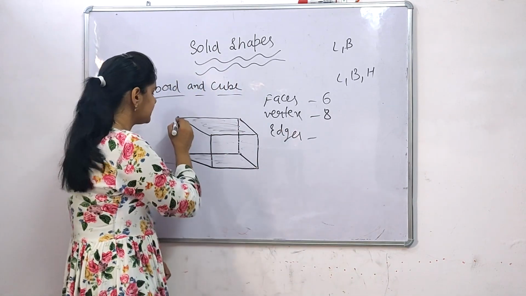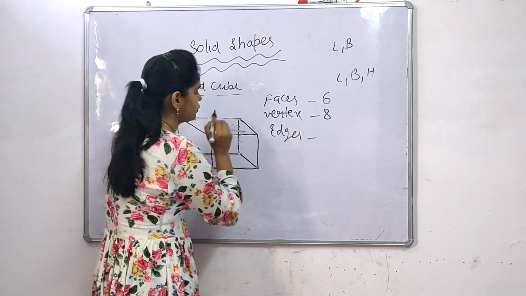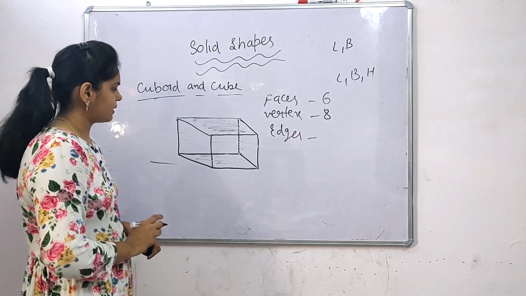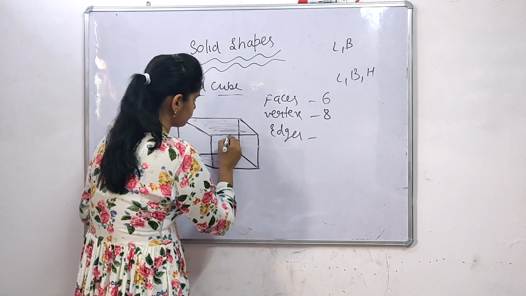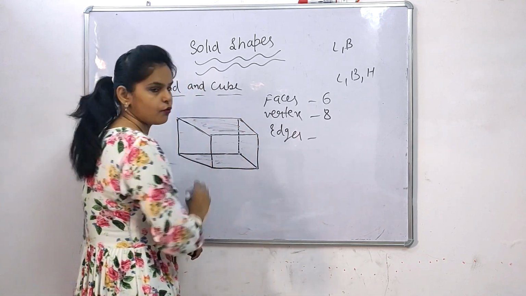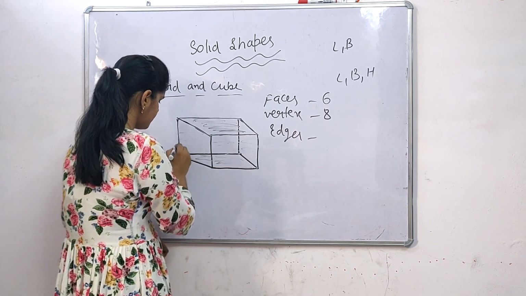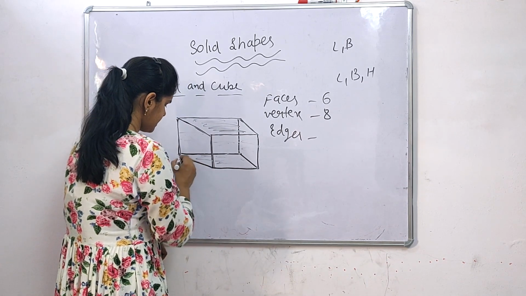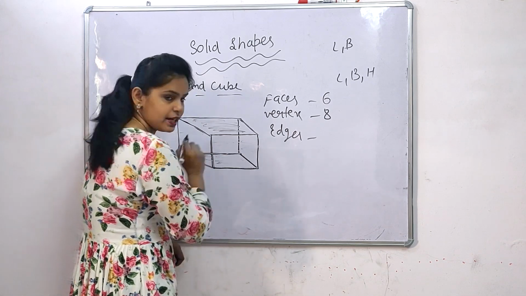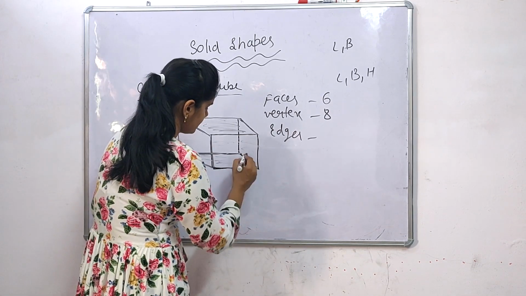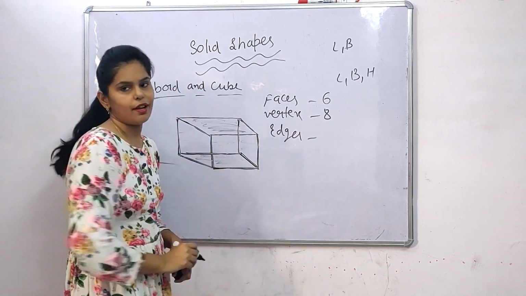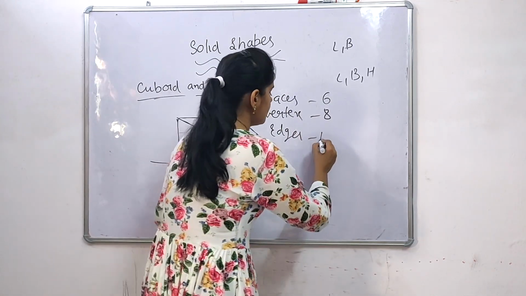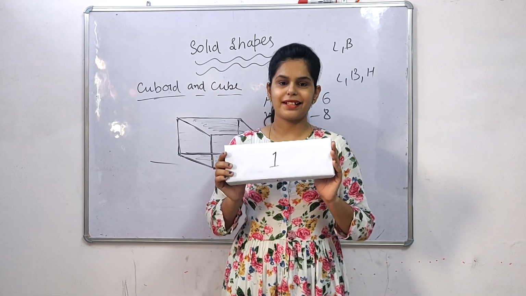Edges means these line segments which are joining two vertex: 1, 2, 3 and 4 and 5, 6, 7, 8, 9, 10, 11 and 12. So how many edges are there? 12.